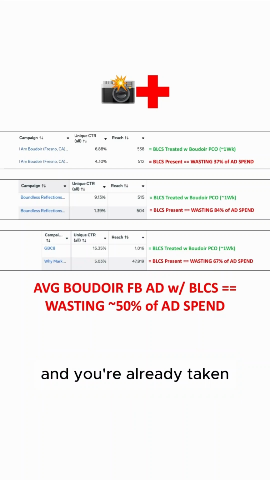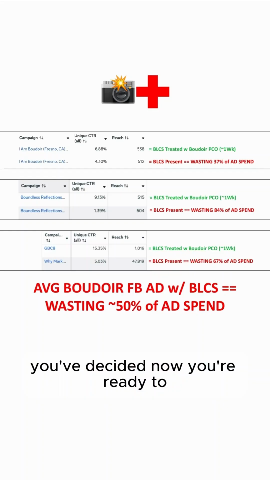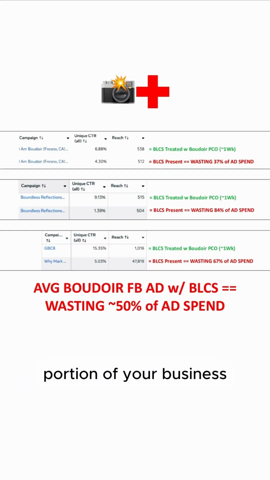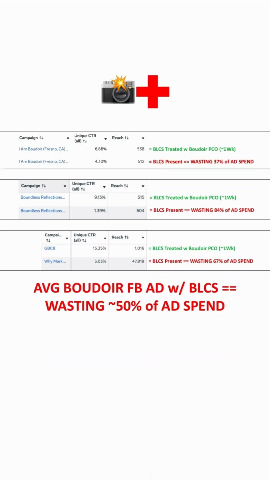You're seeing the saturation, you're also seeing more inflation and living costs. And you're already taking steps to optimize your current business, pull more profit out of it from other areas of the business. You've decided now you're ready to pull profit out of the Facebook ads portion of your business, optimize that, and actually pull some profit out.